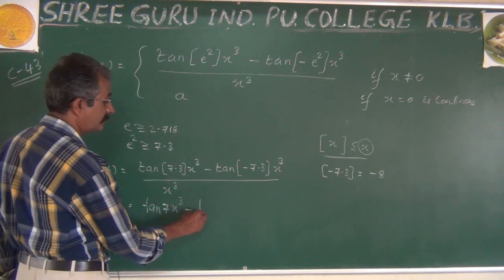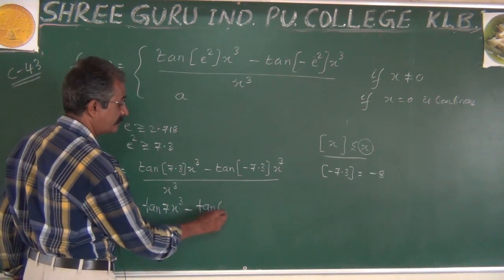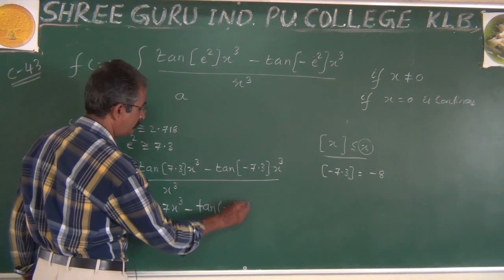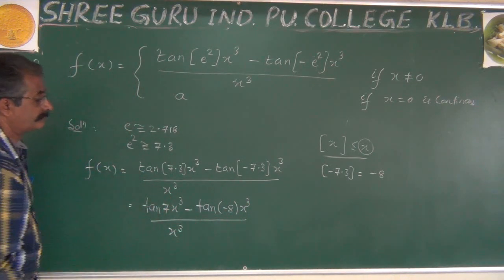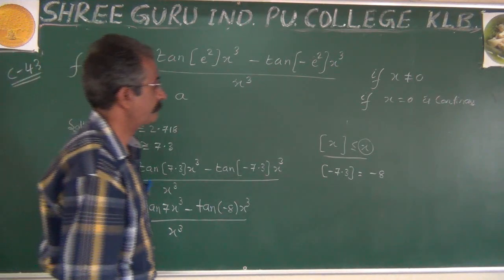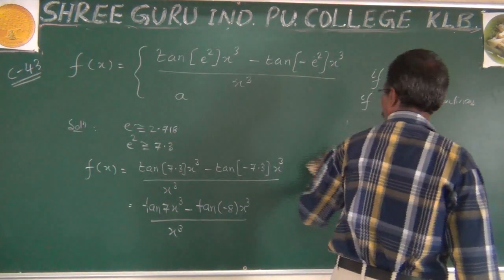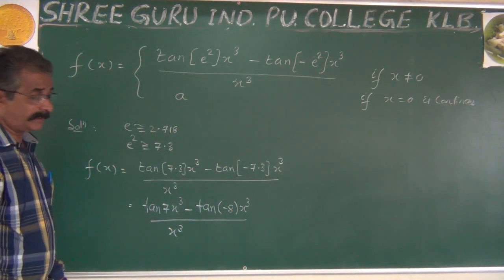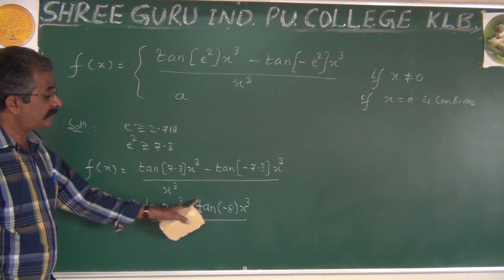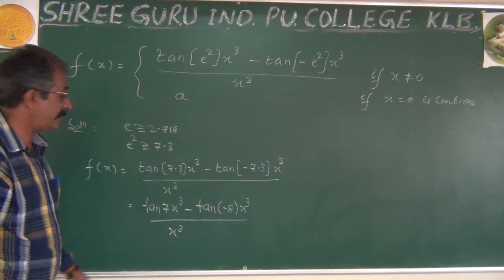Hence, this is tan of minus 8x cube divided by x cube. Next, you can apply the trigonometric formula tan of minus theta is minus tan theta.